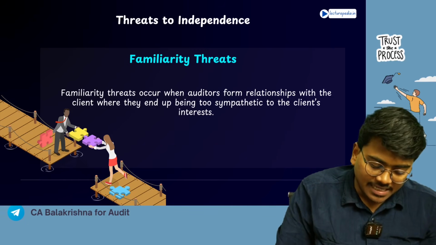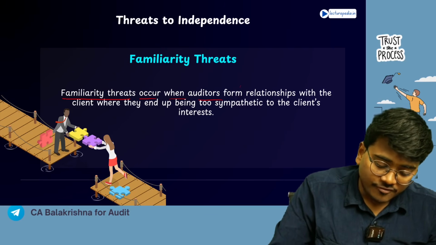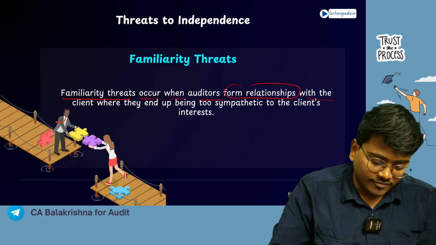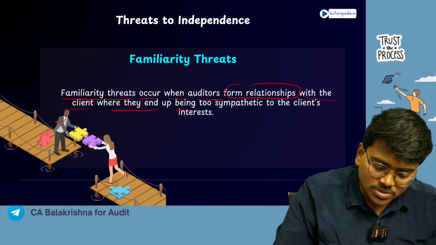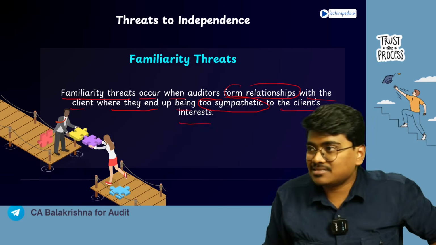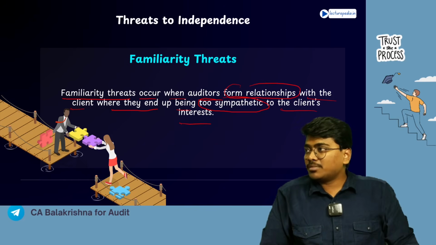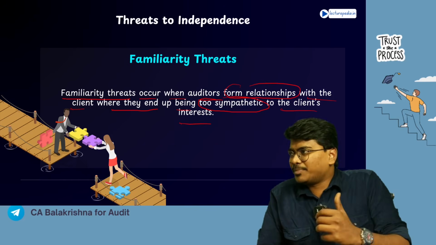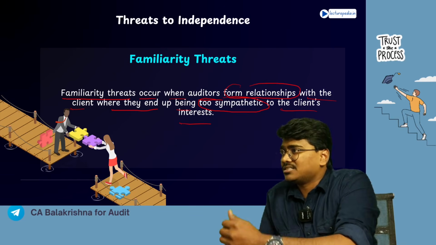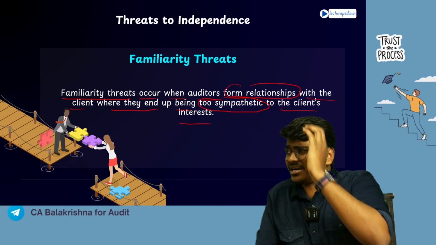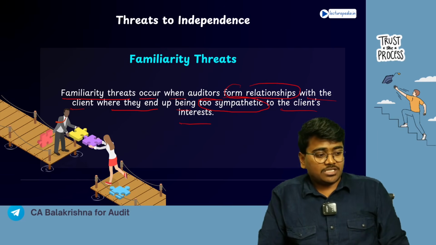Familiarity threats occur when auditors form relationships with the client where they end up being too sympathetic to the client's interest. You start being very attached and sympathetic to whatever actions the client does, because of the familiarity that you have developed with your client. Got it?